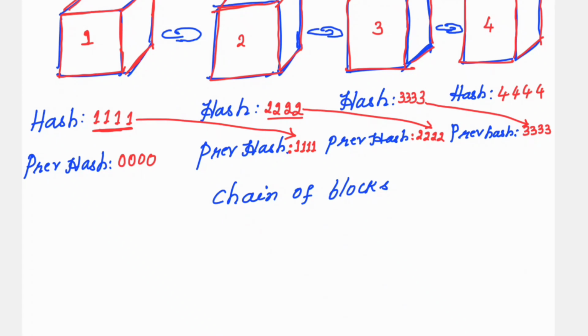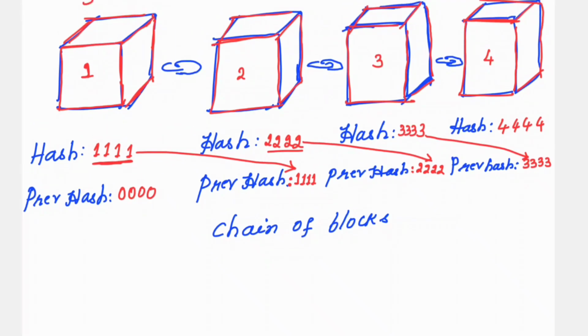That's how we say once a particular record gets included in the block, there is no scope at all for any admin or any person who has got access to that block to modify that record. Suppose a person thinks of modifying the data in one block, let me take for example block 2. As soon as the data is modified, a new hash will get generated.